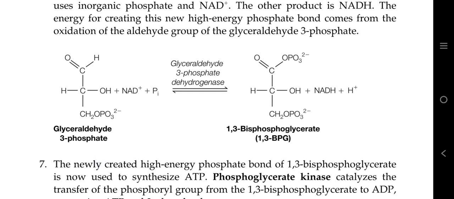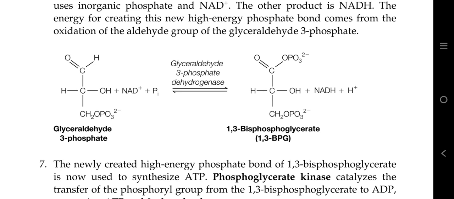So here I want to mention an important point about the nomenclature. Whenever you see the prefix bis with the name of any other molecule, it is indicating that a functional group is added to both the terminals of this molecule. So in this case a phosphate is added to the first and the third carbon of this molecule.